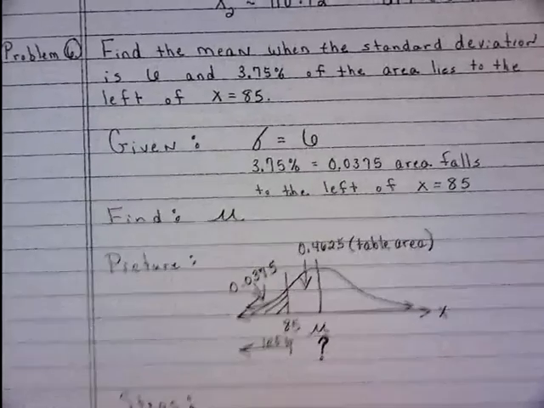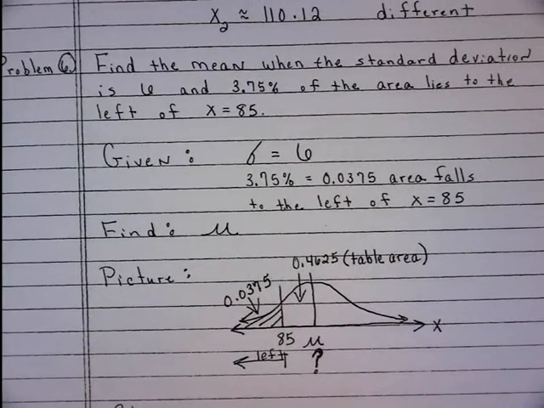So, number 6, find the mean when the standard deviation is 6 and 3.75% of the area lies to the left of x equals 85. You will use the 2-page z-table instead of the 1-page z-table that I reflect here. So try your hand at those, and that would be problems 6, 7, and 8. That all involve algebra. And there are some algebraic problems in the textbook as well.